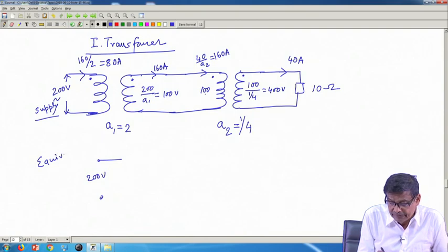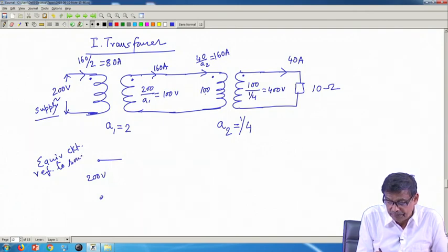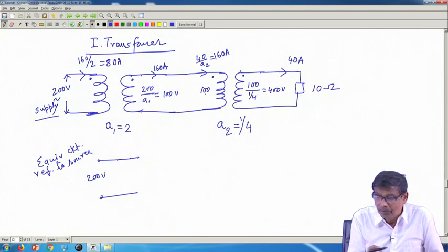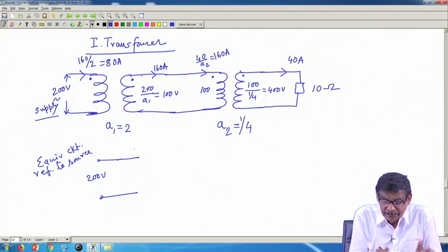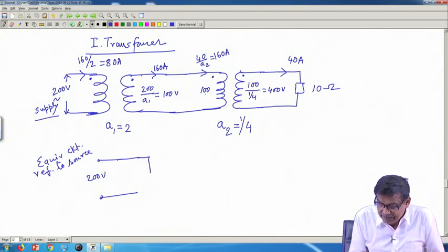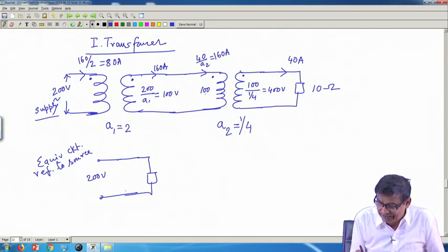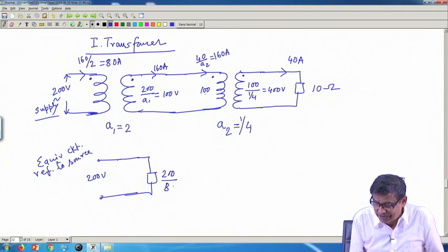The equivalent circuit referred to the source will be, if you have solved this, this impedance will be simply this voltage by this current, 200 by 80. How much is it? 2.5 ohm.